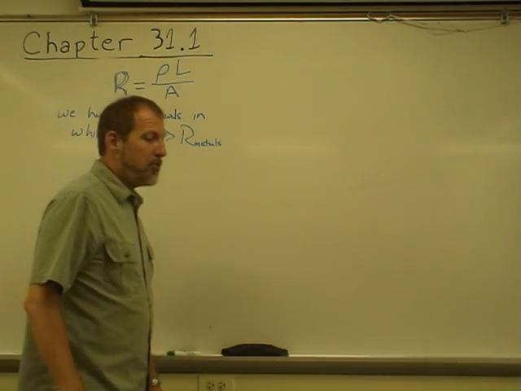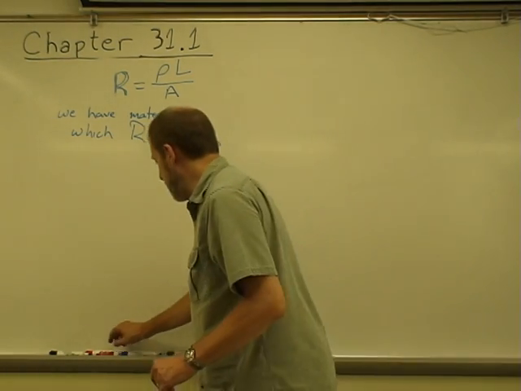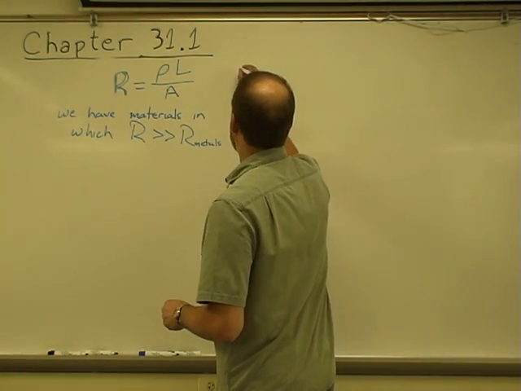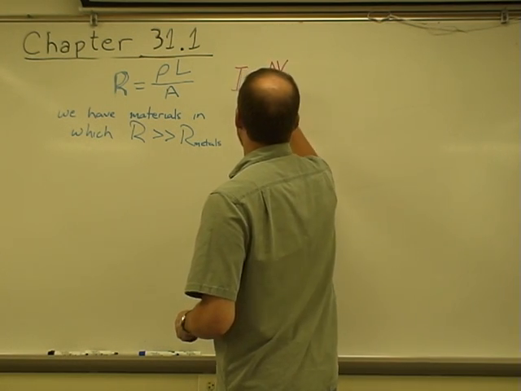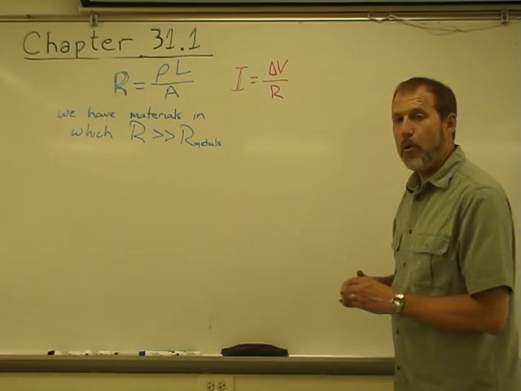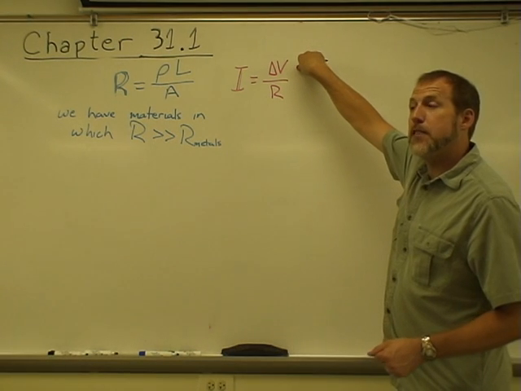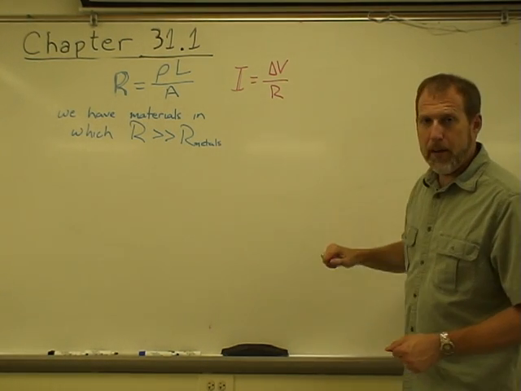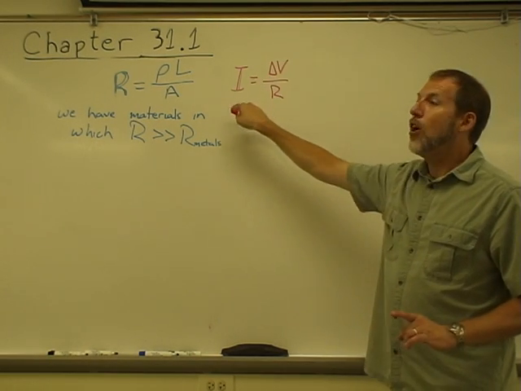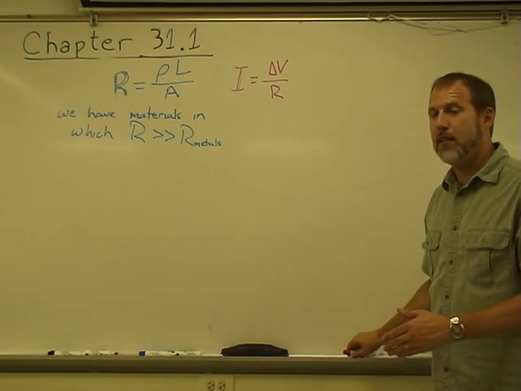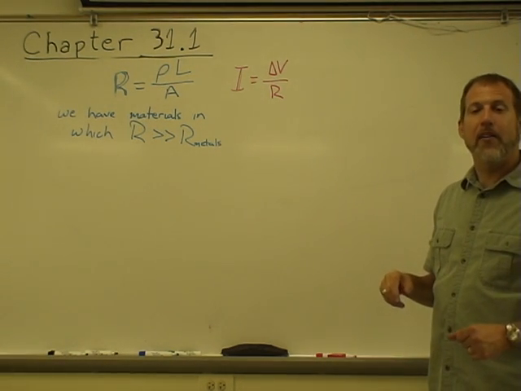It also behooves us to use those materials because from Ohm's law, the current going through a wire in an ohmic material is equal to the change in potential over that material divided by the resistance R. So, current is what is most dangerous to us when interacting with electricity.